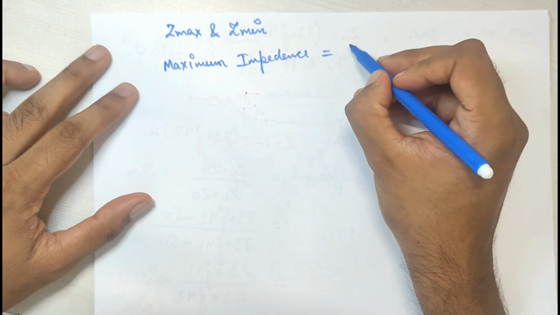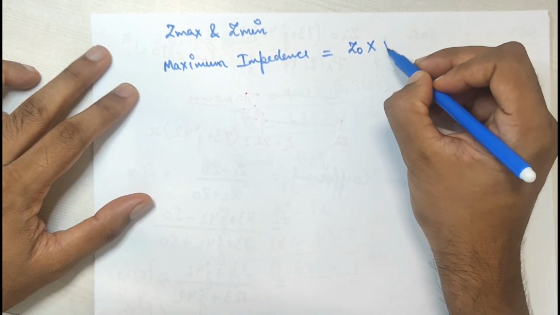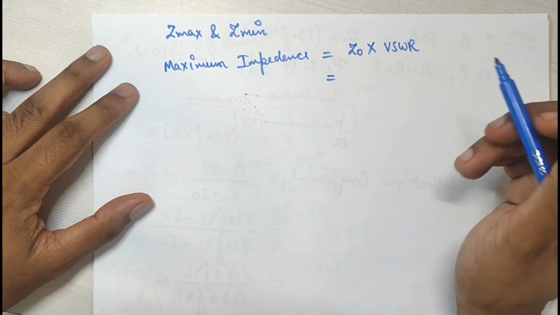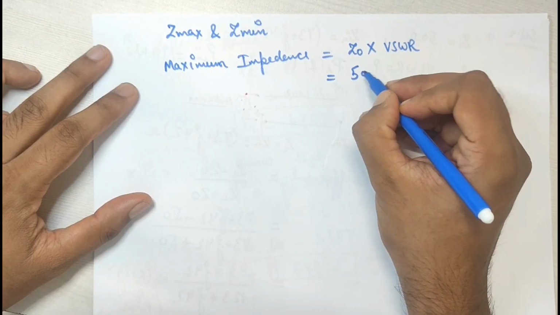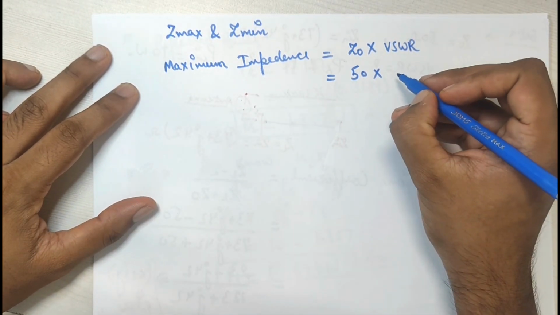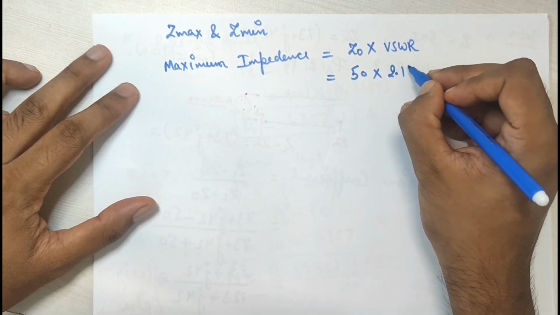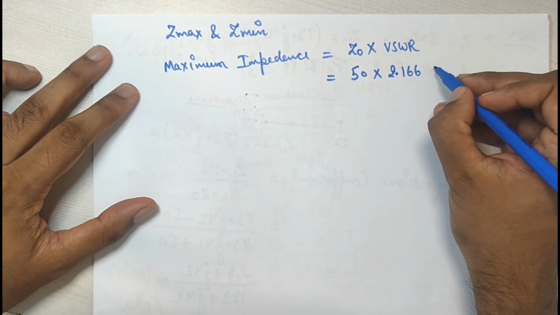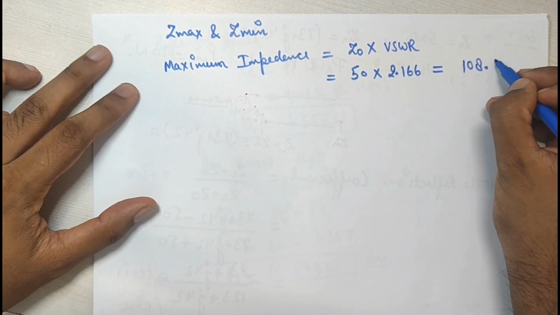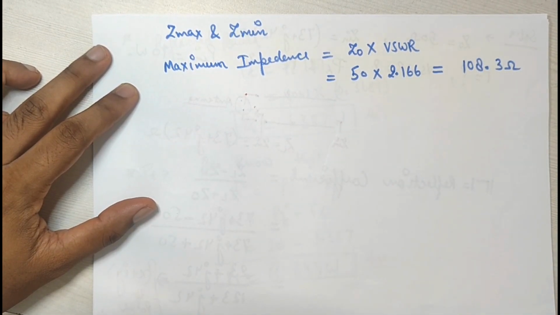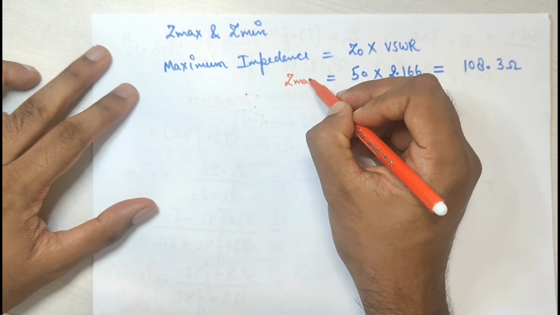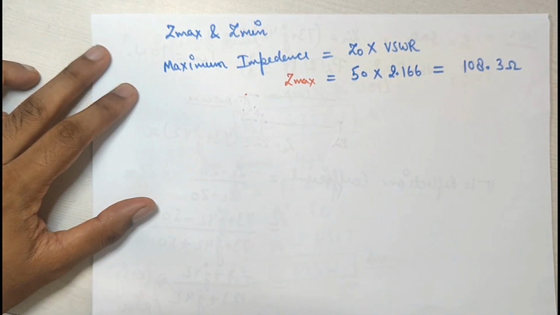That is nothing but Z0 into VSWR. What is Z0? That is given in the question, that is 50. The voltage standing wave ratio we have calculated, that is 2.166. The value is 108.3 ohm. This is Zmax we got.